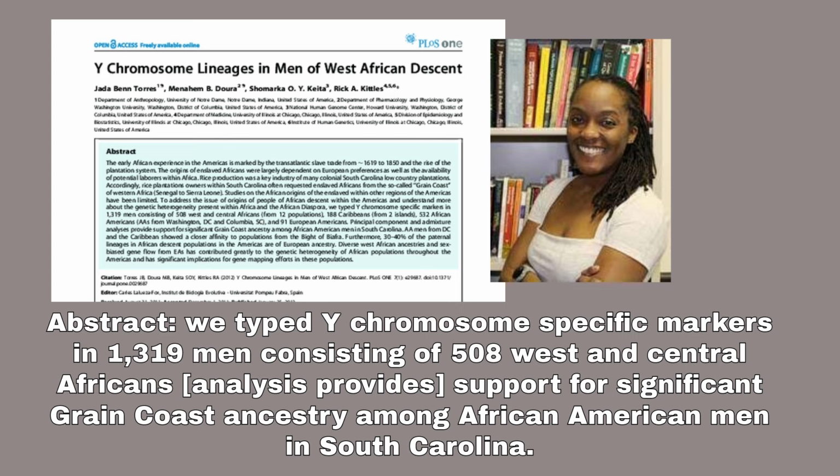Y chromosome lineages in men of West African descent. Abstract. We typed Y chromosome specific markers in 1,319 men consisting of 508 West and Central Africans. Analysis provides support for significant Grain Coast ancestry among African American men in South Carolina.